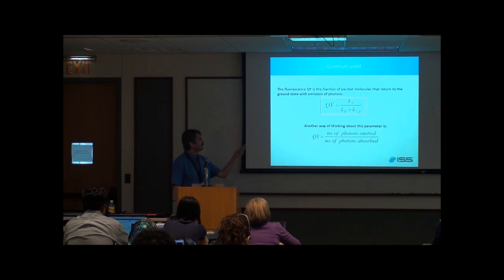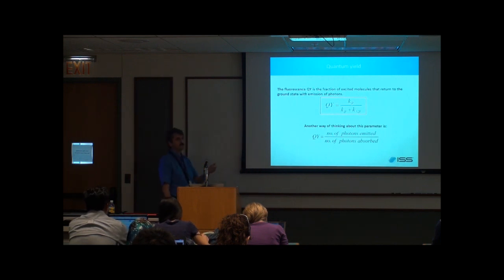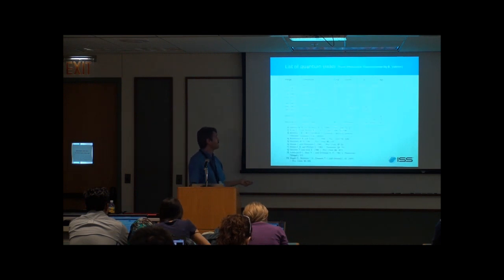Now, back to the third parameter, the quantum yield. The quantum yield is defined as the number of photons emitted in a radiative way, photons that we see, divided by the total number of photons absorbed. Why is it important? Because it's different for different substances.